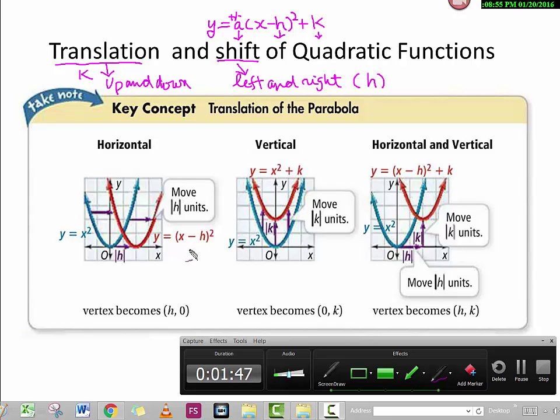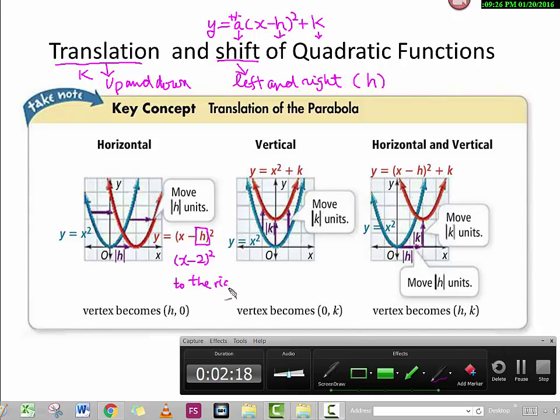So take a look at this. A lot of people will be confused by this one. When you say x minus h whole squared, look at h and pay attention to the minus sign. So if we say x minus 2 whole squared, that means the parent function will move 2 units to the right.